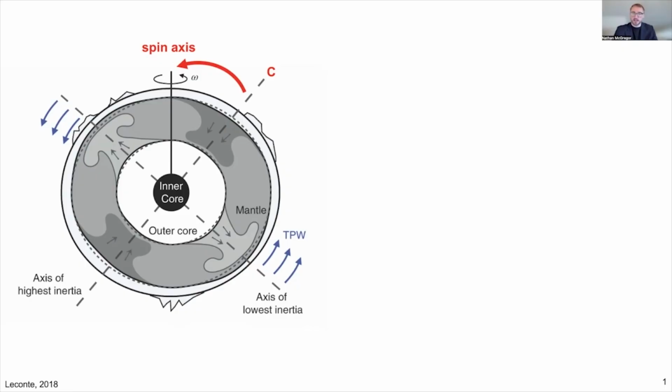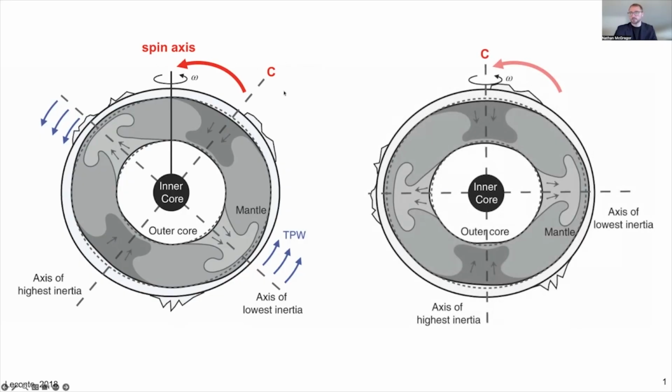And so what Venus does is it reorients itself in order to bring the c-axis into alignment with the spin axis. And that's what this looks like here, where the entire planet has actually rotated counterclockwise, as you can see here, where the mountains that were here have now been rotated downwards to the equator.